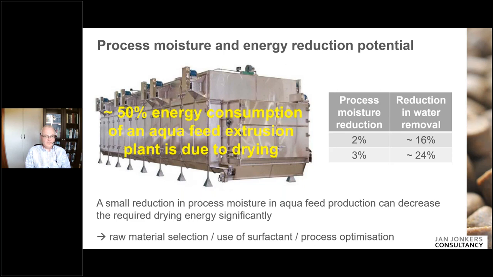So 2% will already give a 16% reduction in dryer load, 3% even a 24% reduction in dryer load. And this is something you will for sure recognize on your energy bill. So that could be interesting to look at this and to see if there's something to optimize here.